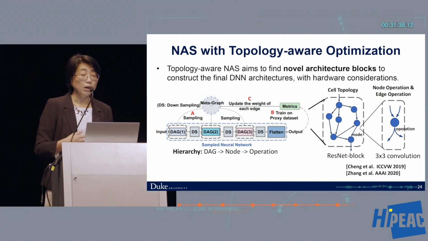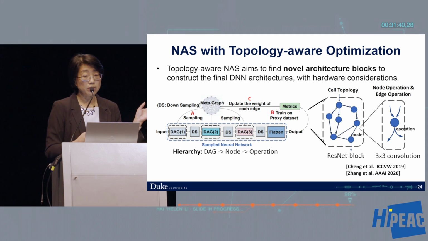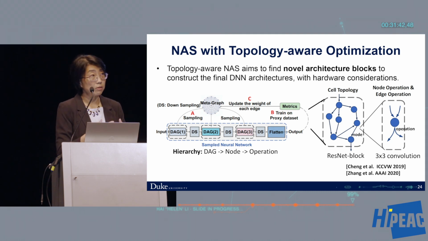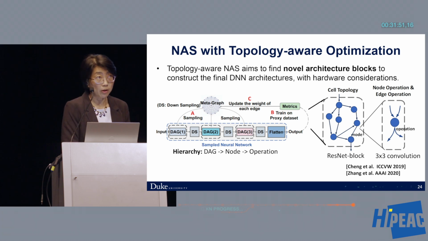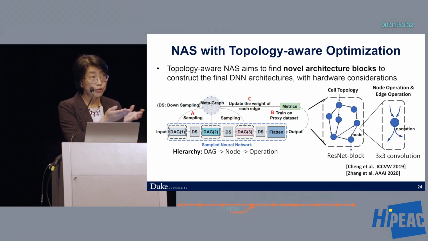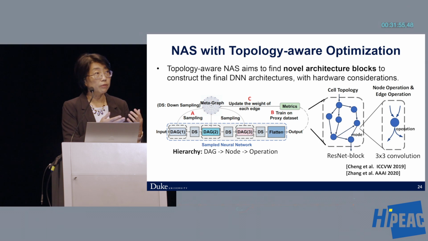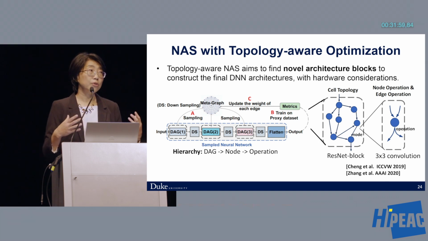Each node within this cell topology represents a certain operation. As I mentioned, it could be a 3 by 3 convolution, an 11 by 11 convolution, or pooling or other operations. The edge indicates the direction of the tensor flow. So this is a general structure.